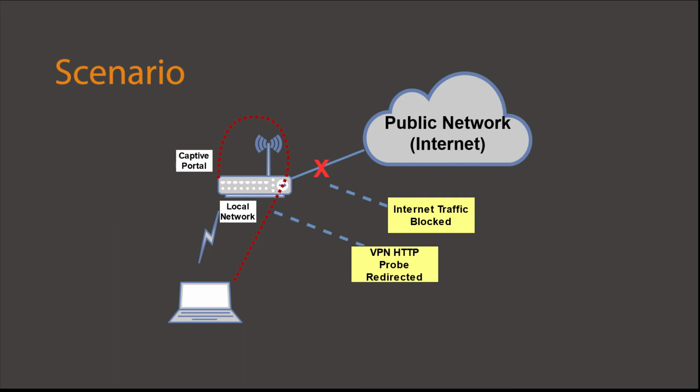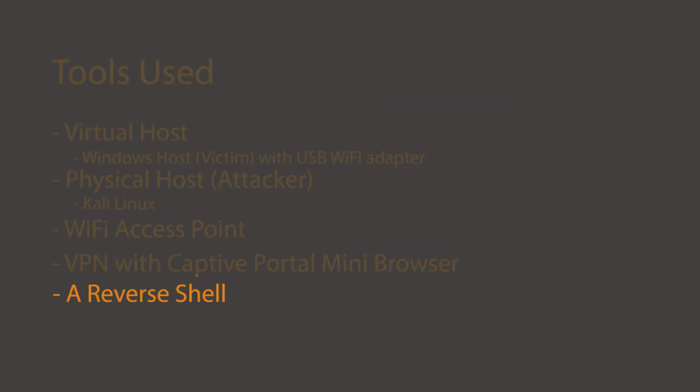Now, some devices require additional lockdown features to completely block all attempted network traffic. But in our scenario, we've only focused on the captive portal mini browser. We haven't locked it down completely, so it'll enable additional connectivity to try and reach the internet, which we're going to take advantage of.